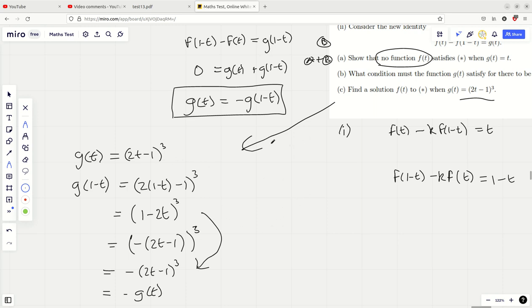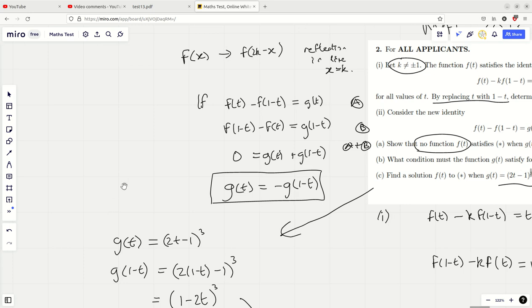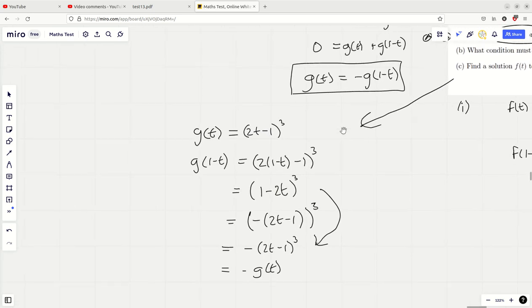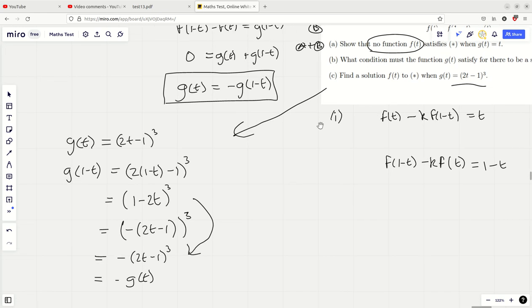And just incidentally, backing up what I was saying about reflection in the line x equals k here, what I just said holds for 2t minus 1 cubed. 2t minus 1 cubed is just like x cubed, but it's got a point of inflection at x equals a half.